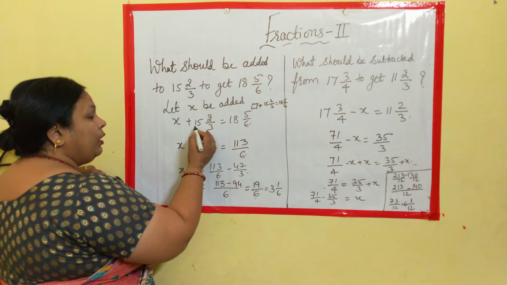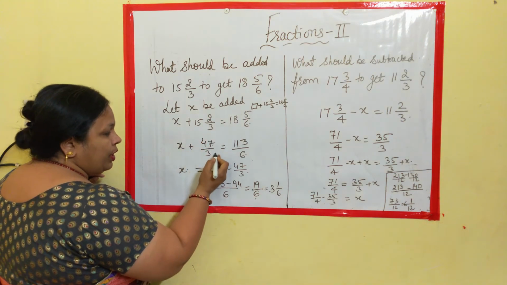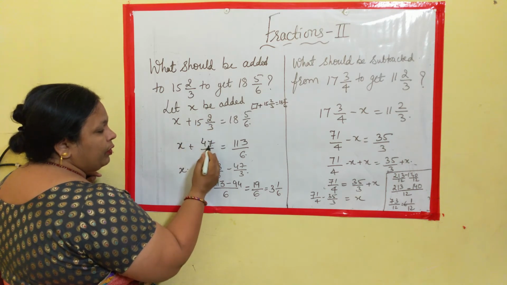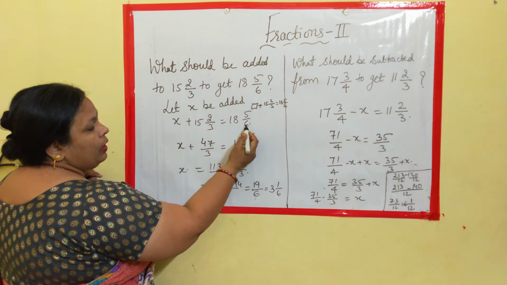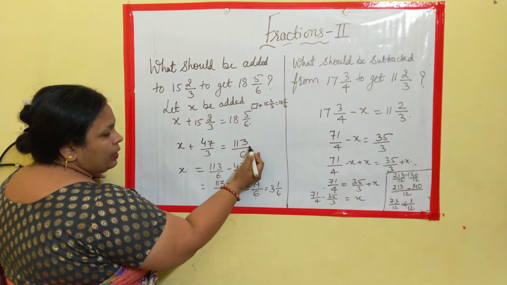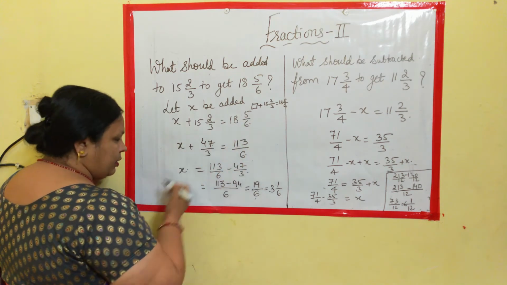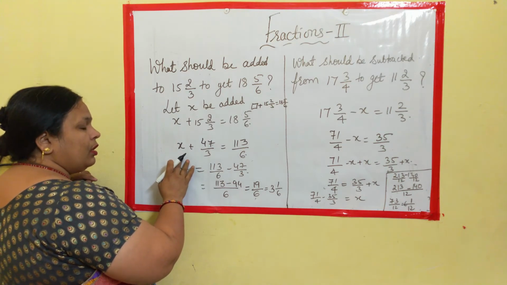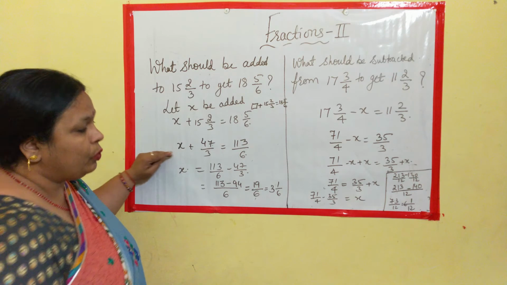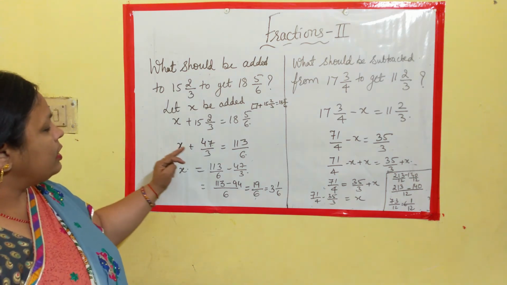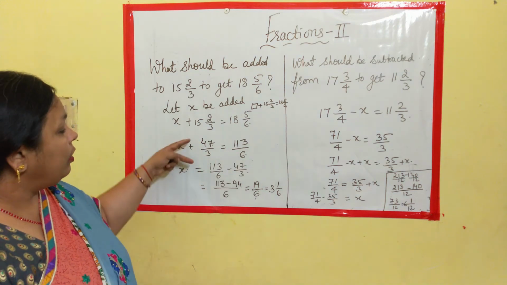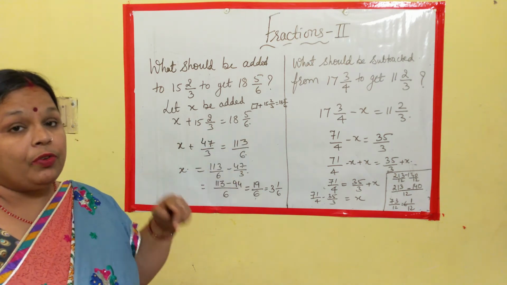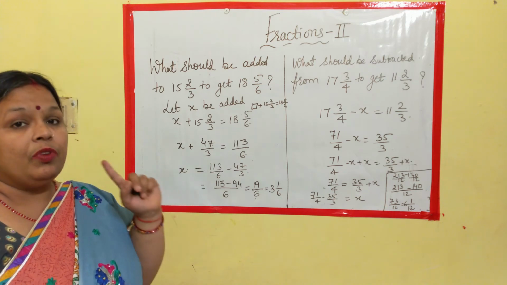Now converting 15 2 by 3 into improper is 47 by 3, that is 3 into 15 is 45, 45 plus 2 is 47. Similarly here 18 5 by 6 is converted as 113 by 6. Now here at this step we need to understand that we can use two methods. One is the transposition method, where we are transposing 47 by 3 to the other side, and whenever transposition is done the sign will be changed.